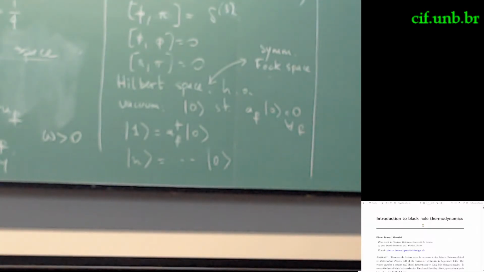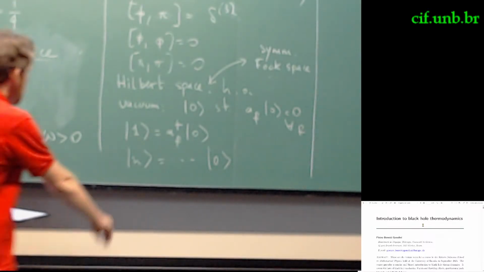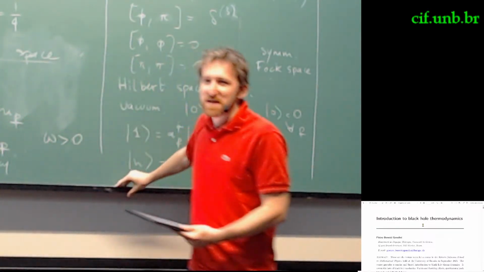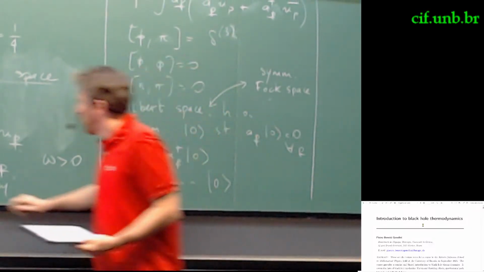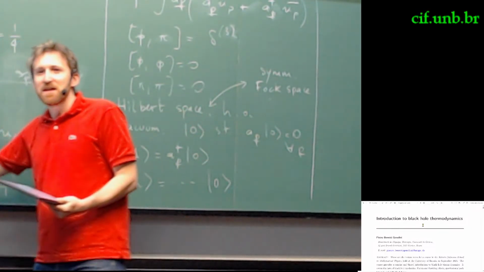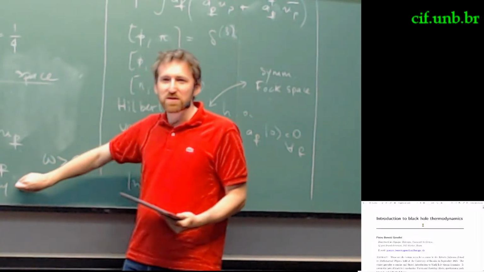I'm sorry for those of you who have never seen this, if you have not taken a graduate course on QFT, but perhaps from quantum mechanics you know the harmonic oscillator. This is just a fancier harmonic oscillator. What's the problem with doing this in curved space? That generically, there is no notion of a time-like Killing vector that I can use to define the positive frequency solutions.